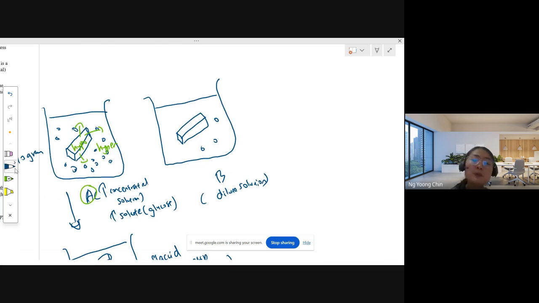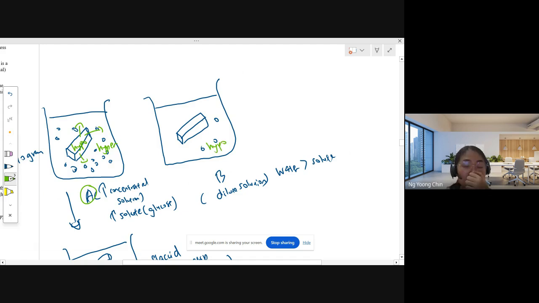If you put the potato strip into a dilute solution, it means that it has more water compared to solute. So the outside solution will become hypotonic. Outside this solution is hypotonic.